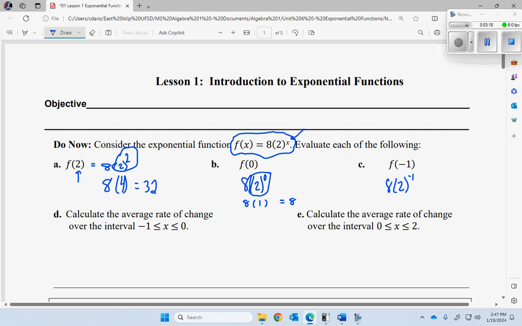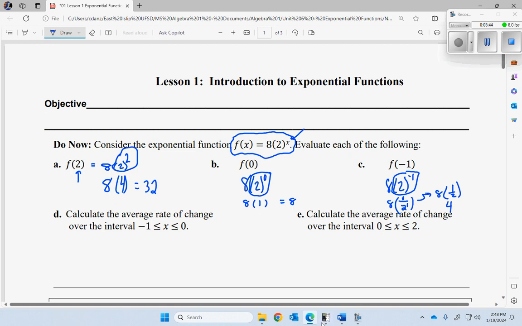Negative exponents, we learned, were the reciprocal of the positive. 2 to the negative 1 power really is 1 over 2 to the first power. And then this is getting multiplied by 8. So honestly, it just says 8 times 1 half. 8 times a half is 4.